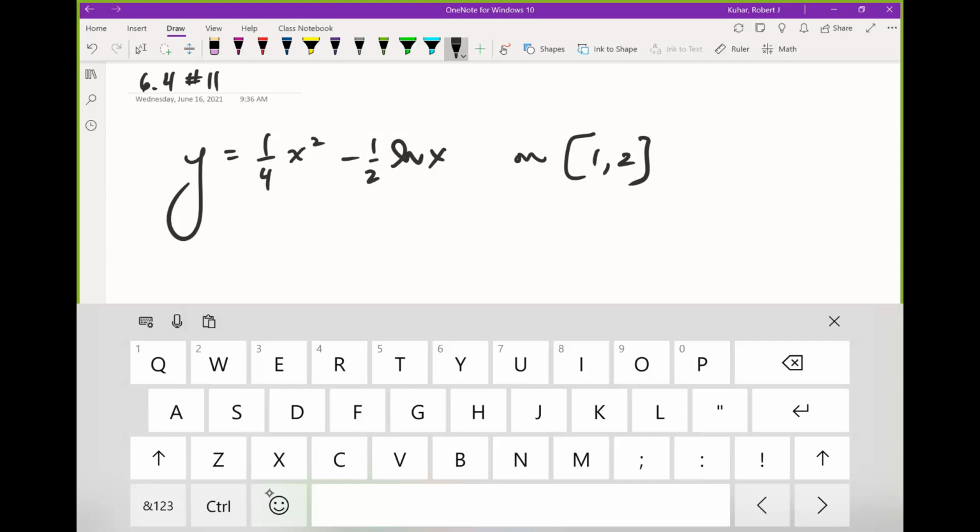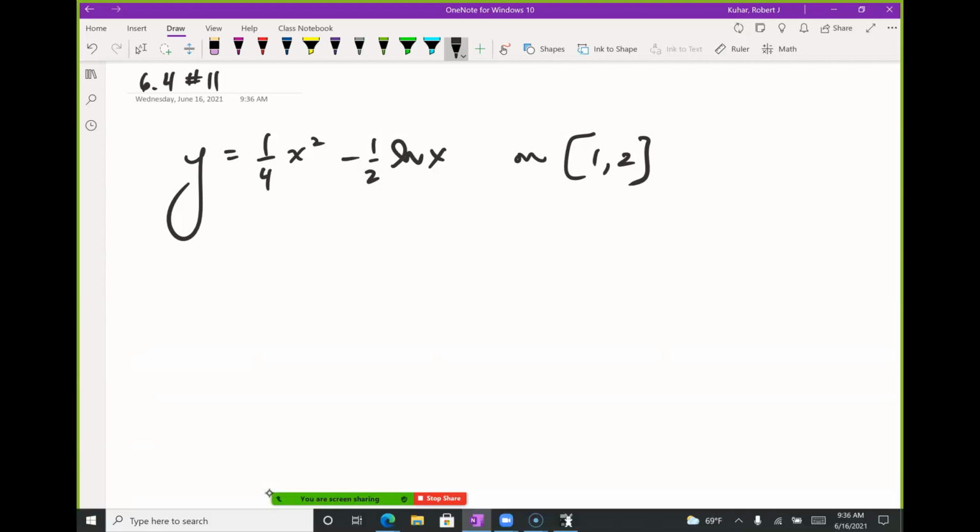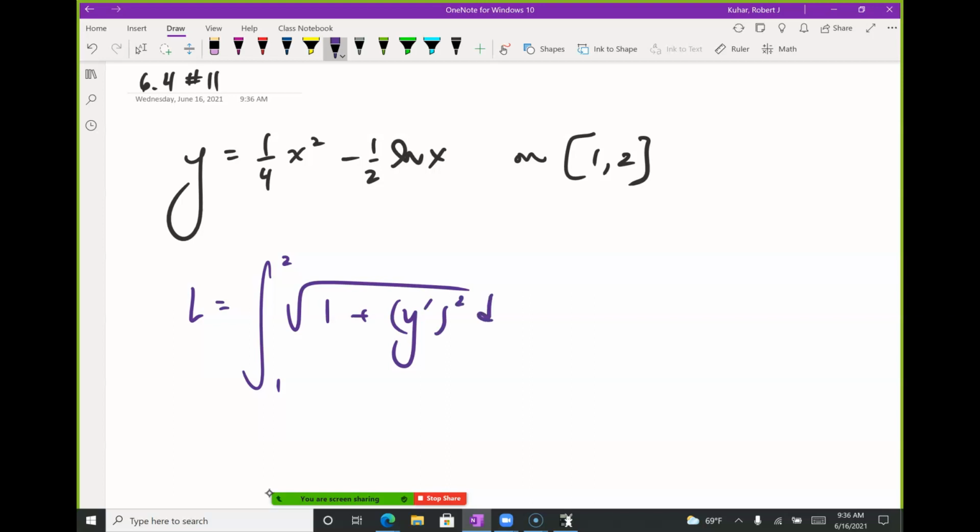Looks are deceiving, right? We must learn from our mistakes of basing on what it looks like to say, oh my God, I can't, don't do that. Let's see what happens. So if I got my formula down, Robert's asking me for arc length. It's not a parametric, so it's got to be this version of it, right? So from 1 to 2 of the square root of 1 plus y prime squared dx, right?